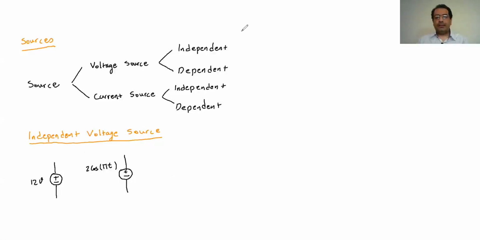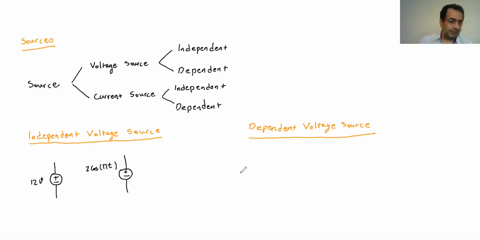Then we have the dependent voltage source. And usually we show the dependent source like this. So, for example, we usually show it like that.